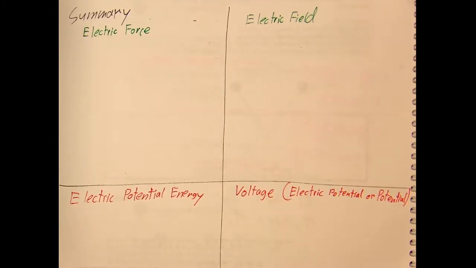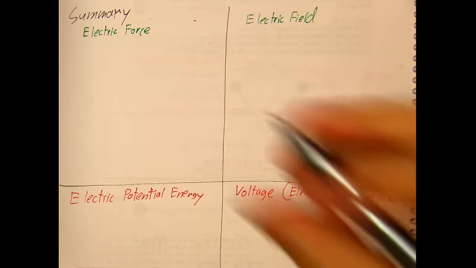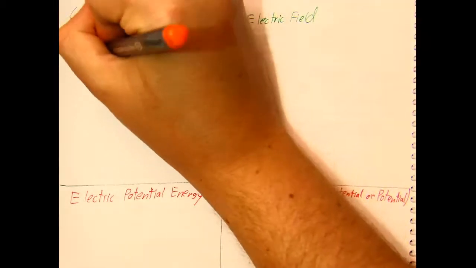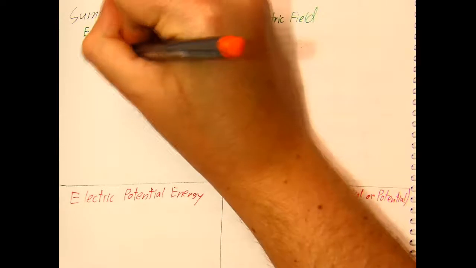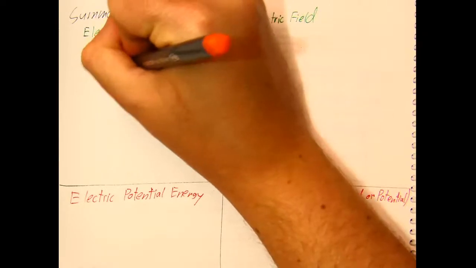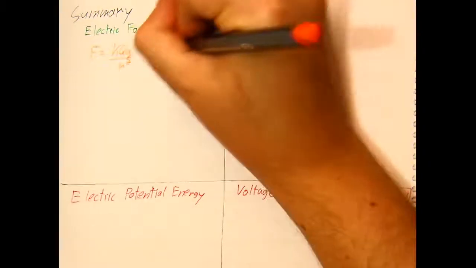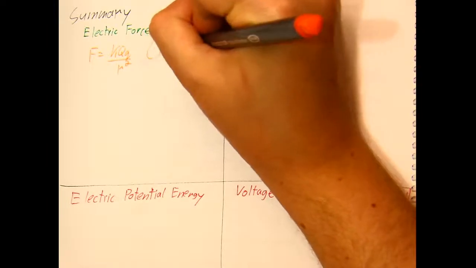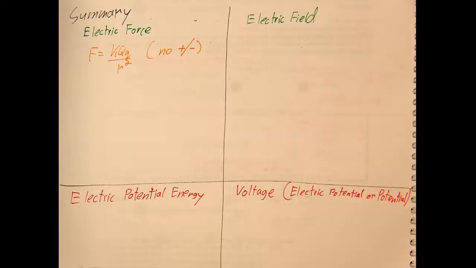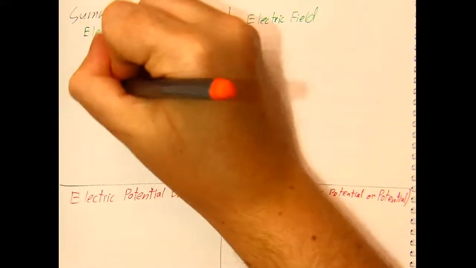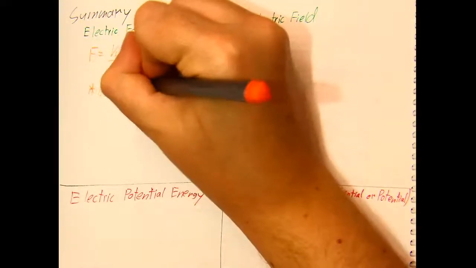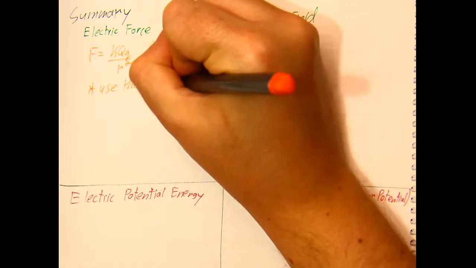So for electric force, what we want to remember is this. The formula here, F equals KQQ over R squared, and we do not use positive or negative on Q. We use the charges to give direction.